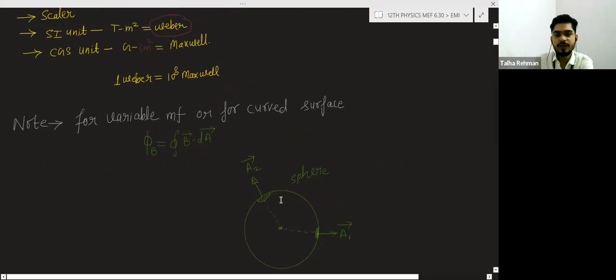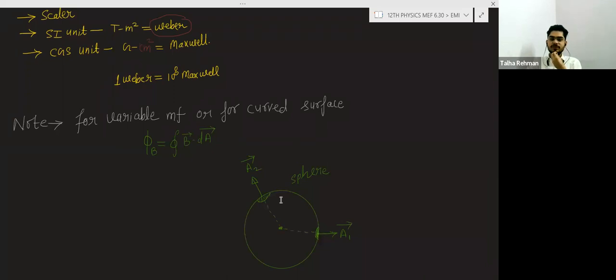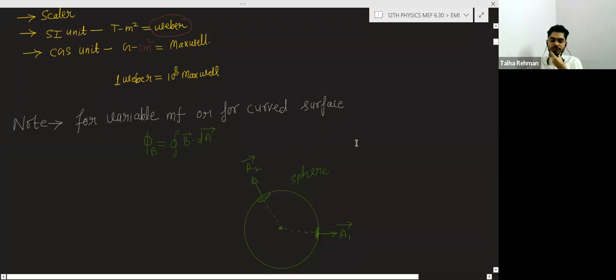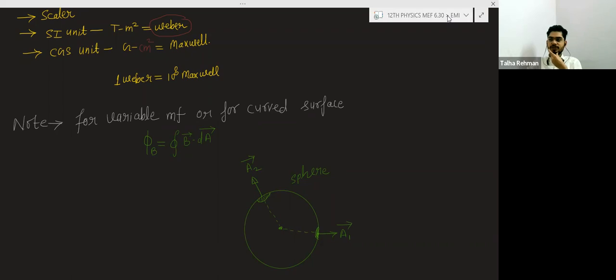Now we will discuss the Gauss law in magnetism. We have discussed the Gauss law in electrostatics. So what is the Gauss law in electrostatics?